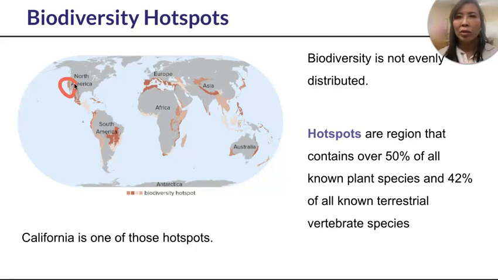There were like 12 different plant communities that you had observed, and each one of these communities has different terrain, different weather, and different soil and nutrients, and so that leads to a variety and a diverse set of plants. And so California is labeled as one of those biodiversity hotspots.